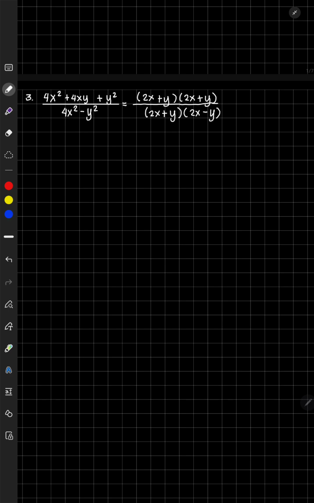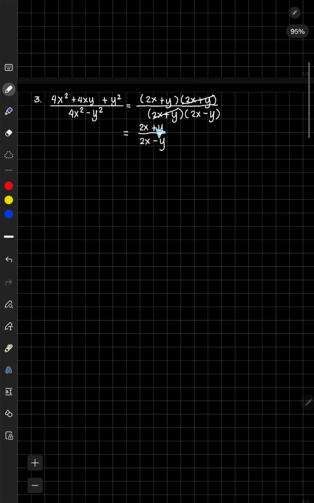Both the numerator and denominator have 2x plus y, so we can cancel that out. So the simplest form for example number 3 would be 2x plus y divided by 2x minus y. Just a reminder, you cannot cancel out 2x and 2x in the numerator and denominator because they are not factors. There is an operation of addition and subtraction here, so you cannot cancel those out.